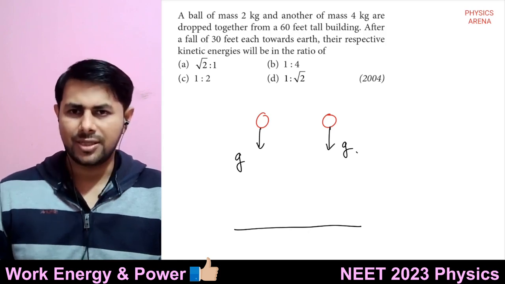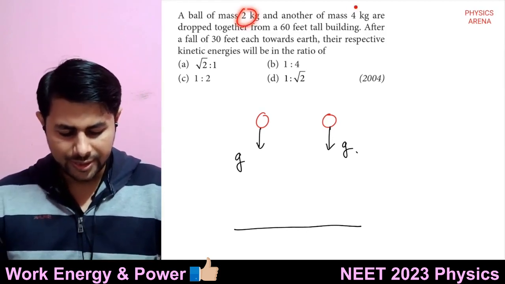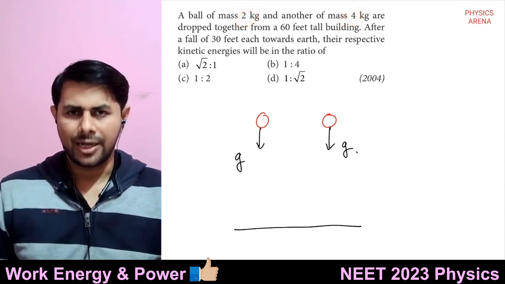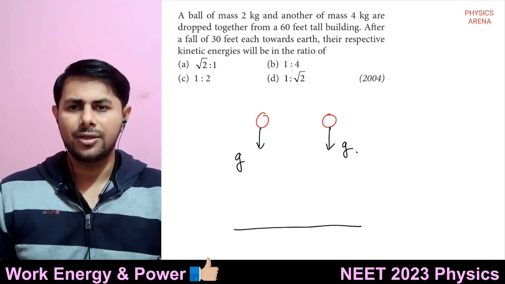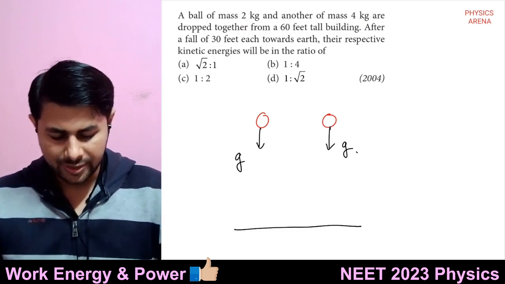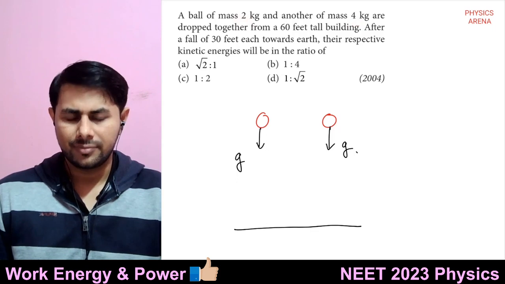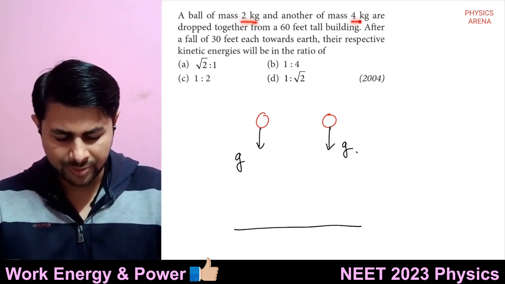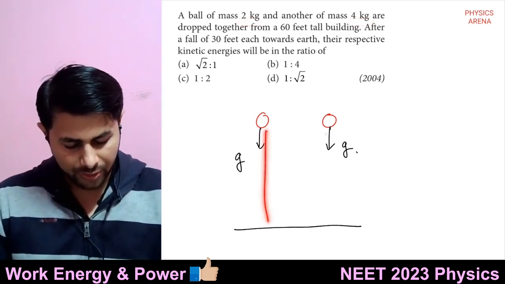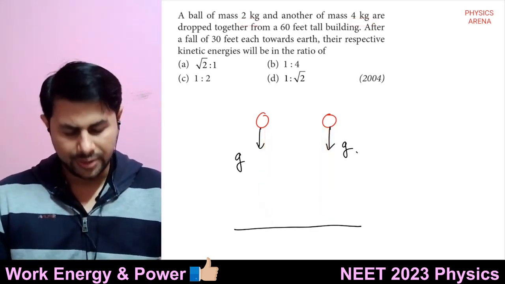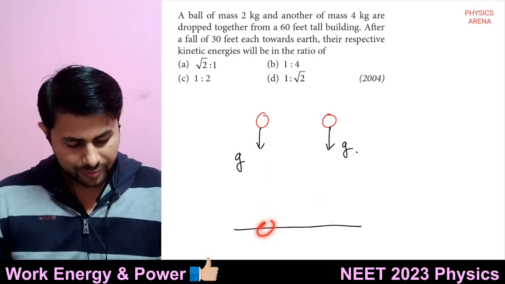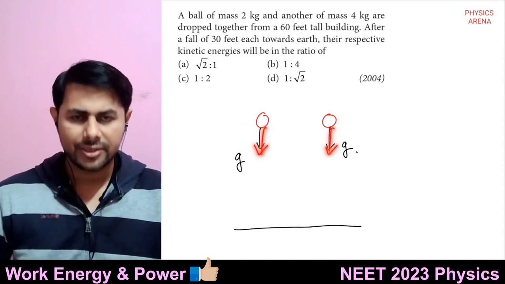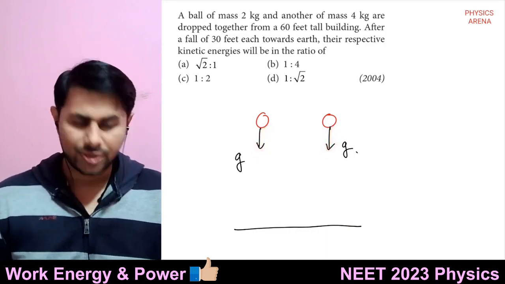And if velocities are equal, then kinetic energy depends on mass only. Their masses are 2 kg and 4 kg. After a fall of 30 feet each, their velocities will be equal because both of them fall with the same acceleration, which is acceleration due to gravity.